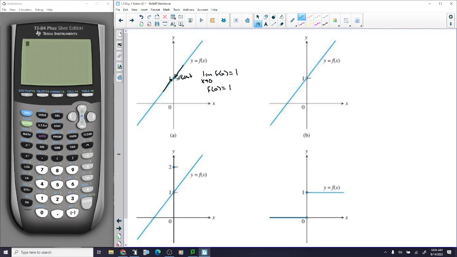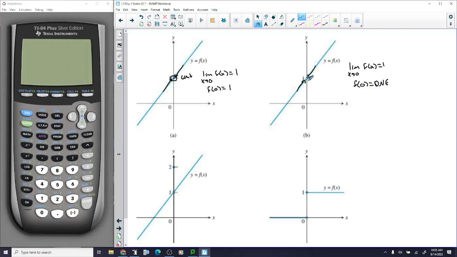Now those equal each other, so that means the function is continuous at 0. Here, the limit as x approaches 0 of f of x is still 1, even though when we get there, there's no function value. So we're approaching 1 from the left, and we're approaching 1 from the right, so it has a limit, but f of 0 does not exist. So those two are not the same, so we have a discontinuity at 0.